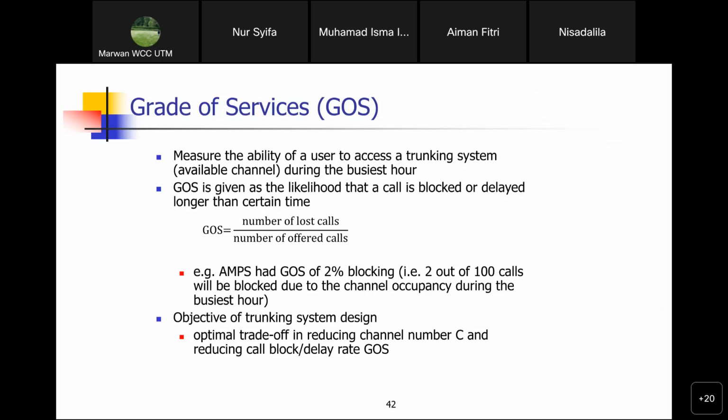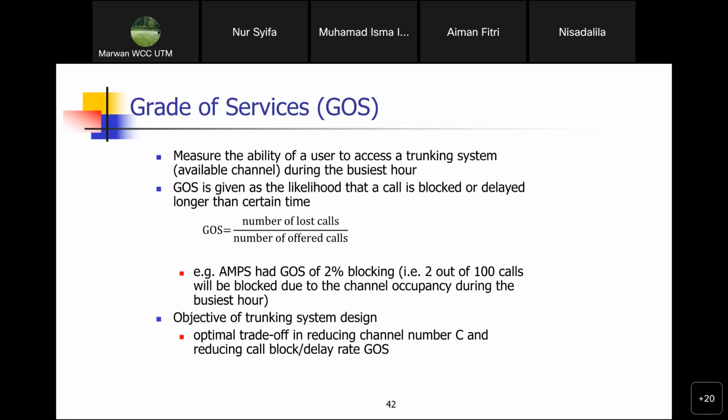On average, for every 100 calls coming in, 2 are selected randomly to be blocked, terminated straight away. So if you were a user in the 1980s, when you made a phone call, sometimes it could not go through at all. There was no ringing tone, or there was a ringing tone and then it was terminated straight away.